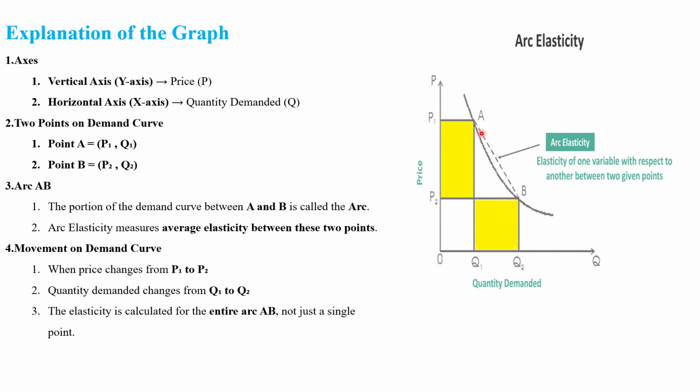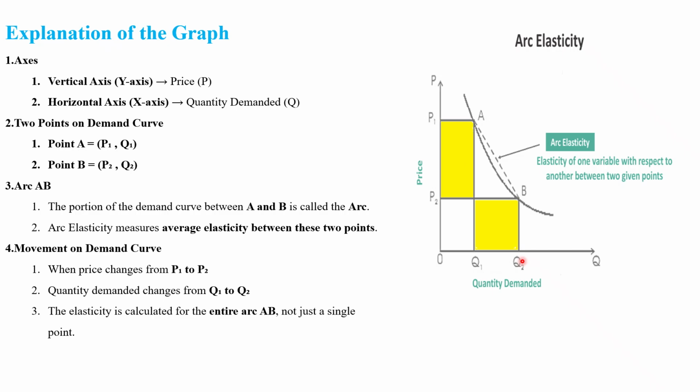The portion of the demand curve between A and B is called the arc. So arc elasticity measures the average elasticity between 2 points. What is the movement on the demand curve? The movement is from P1 to P2, and quantity demanded changes from Q1 to Q2. Why does this happen? Because there is a change in price and demand.